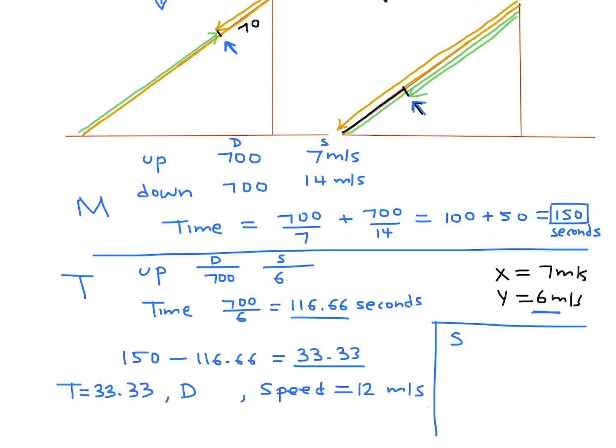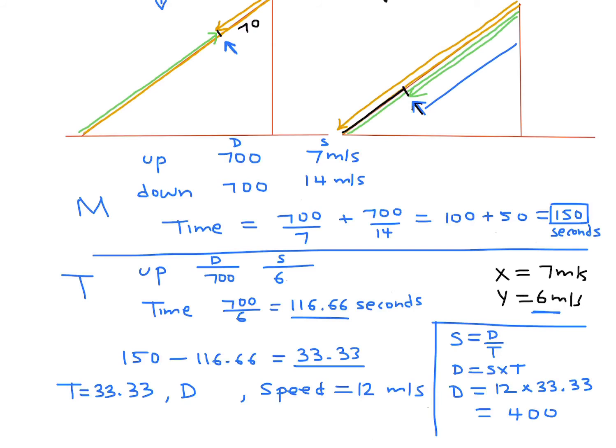Remember, speed is equal to distance over time. And therefore, if we want to figure out distance, distance would be equal to speed times time, like that. So distance in this case, speed is 12 meters per second, time is 33.33 seconds. So this equals 400.